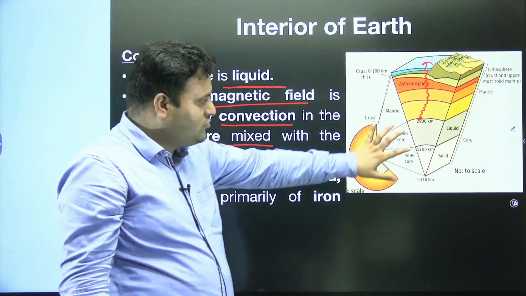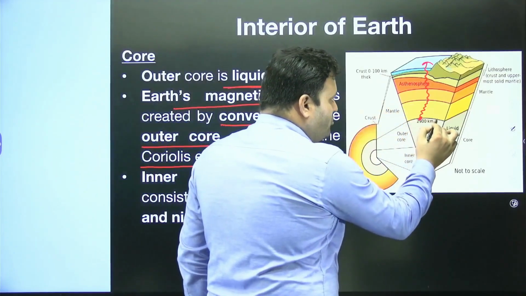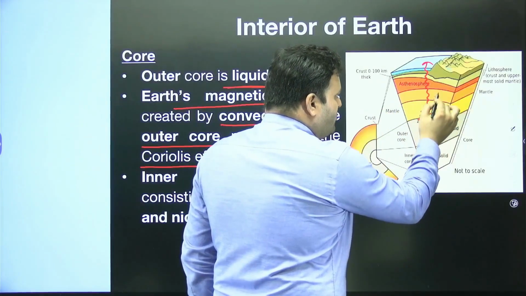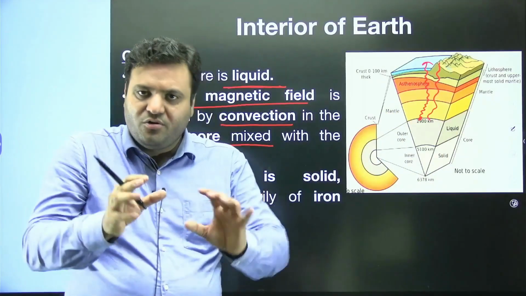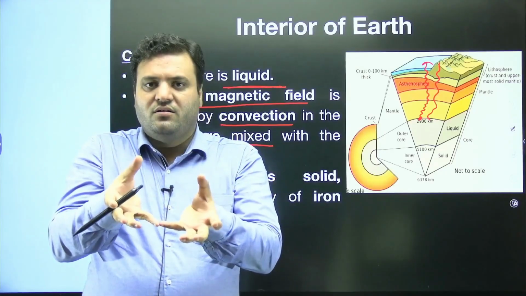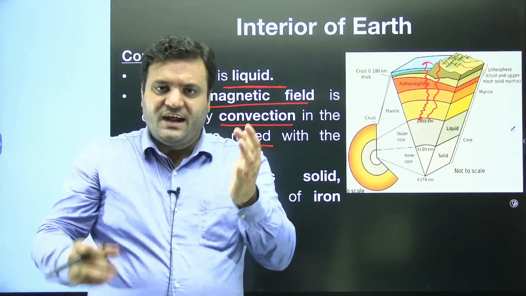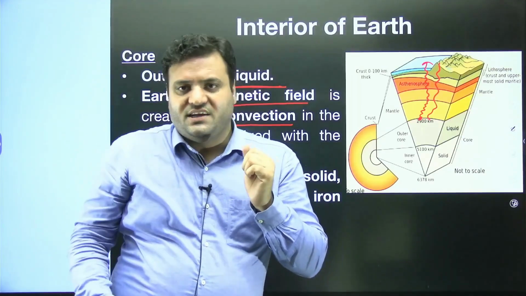Okay, so the source is here, the tank is here, and the pipes are going through the mantle, ultimately leading to the surface. Even in mantle, we do not have one solid rigid rock ball. There are certain fractures, there are certain cavities in these rocks.